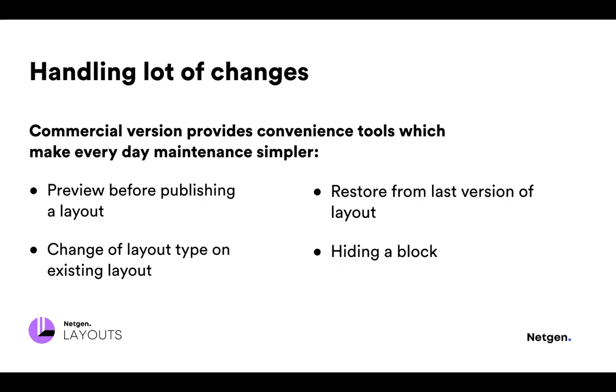There are a lot of additional features that just help out when you have a lot of changes. First of all, the preview, also changing of layout type. I didn't show that one, but it's also useful. Also restoring from a last version of layout and hiding a block. These are all convenience features.